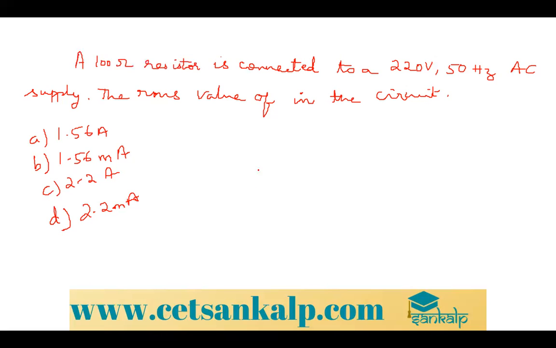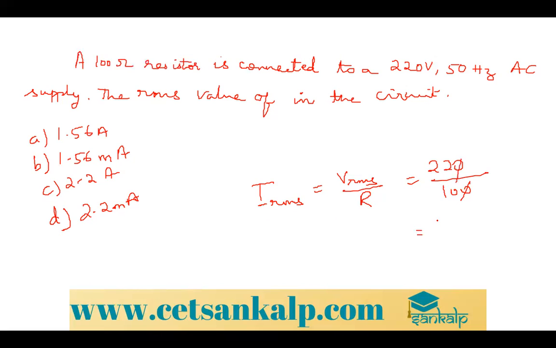So the formula is IRMS is equal to VRMS divided by R. VRMS is given as 220, right? So 220 divided by R, which is 100.